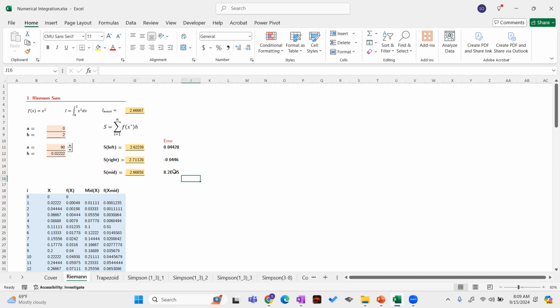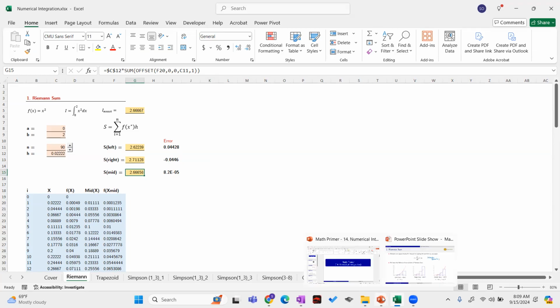Okay, so given a choice between these 3 schemes, which scheme will you use for numerical integration to be on the safe side? Obviously, the middle sum, right?